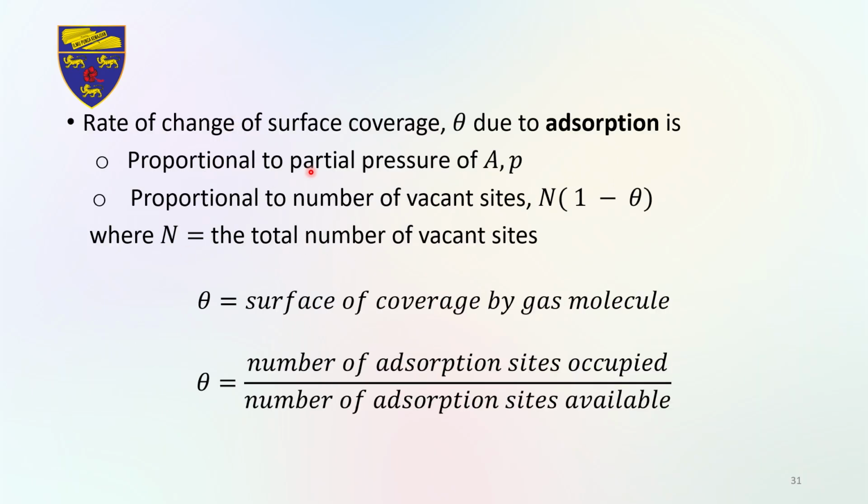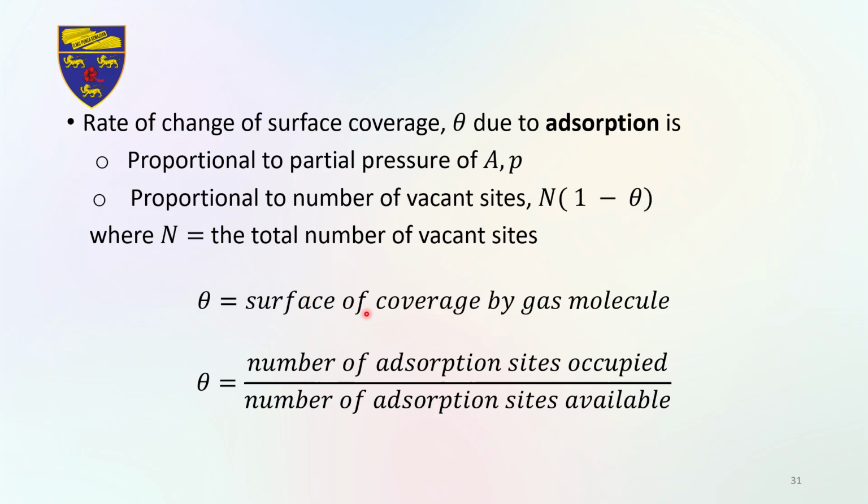The rate of change of surface coverage, theta, due to the process of adsorption is proportional to the partial pressure of A, which is identified as P, and also the number of vacant sites available, which is the total number of sites multiplied by the unoccupied fraction, that is 1 minus theta.